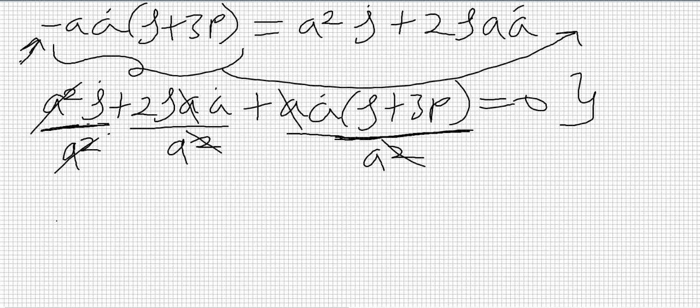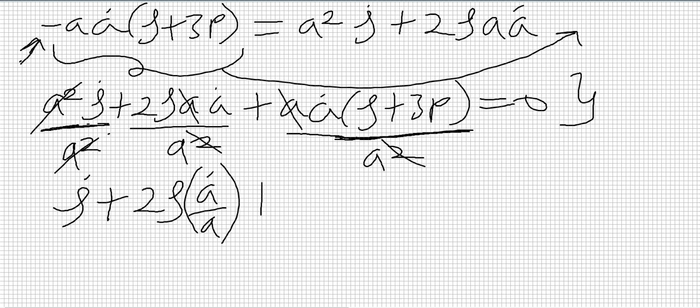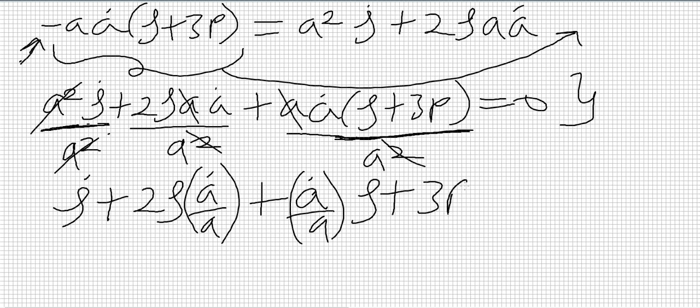And what we are left with is rho dot plus 2 rho a dot on a, put that in bracket, plus a dot on a into rho plus 3p equal to 0.